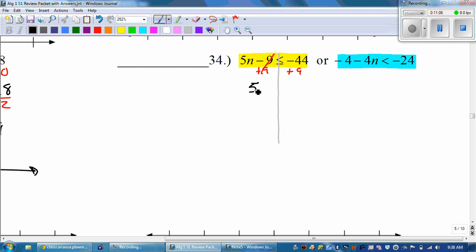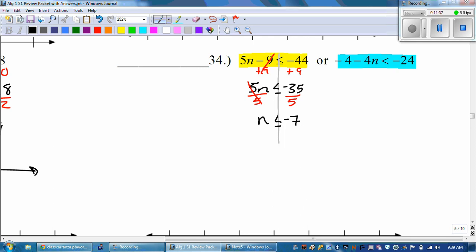And then we have 5n is less than or equal to negative 44 plus 9 is negative 35. And then to get the n all by itself, I have to divide by 5. Now, am I multiplying or dividing by a negative? No, I'm just dividing, and I'm dividing a negative number. I don't flip the sign for that. Okay?